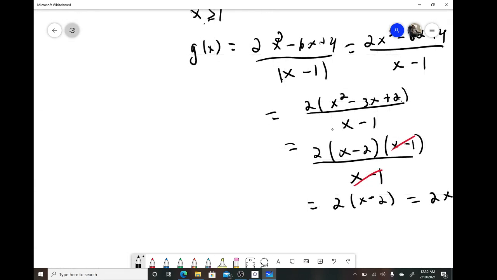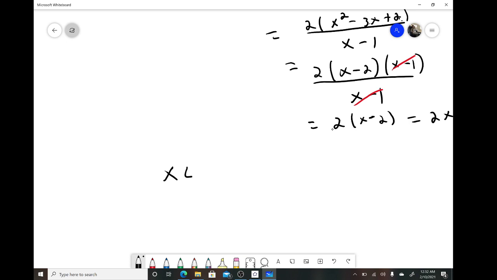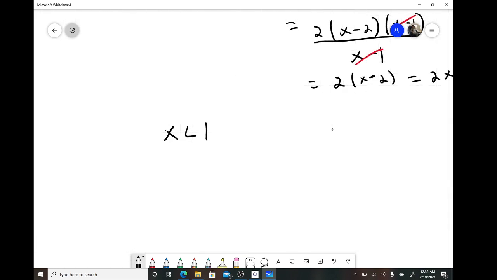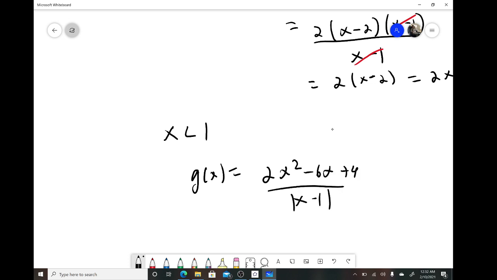So now what happens for when x is less than 1? So when x is less than 1, we have the following. We have g of x, which was equal to 2x squared minus 6x plus 4 over the absolute value of x minus 1.